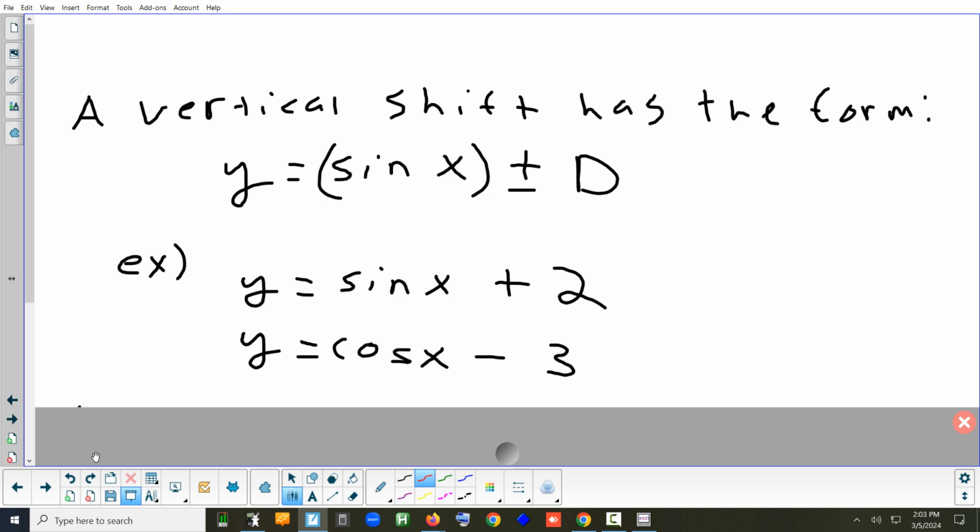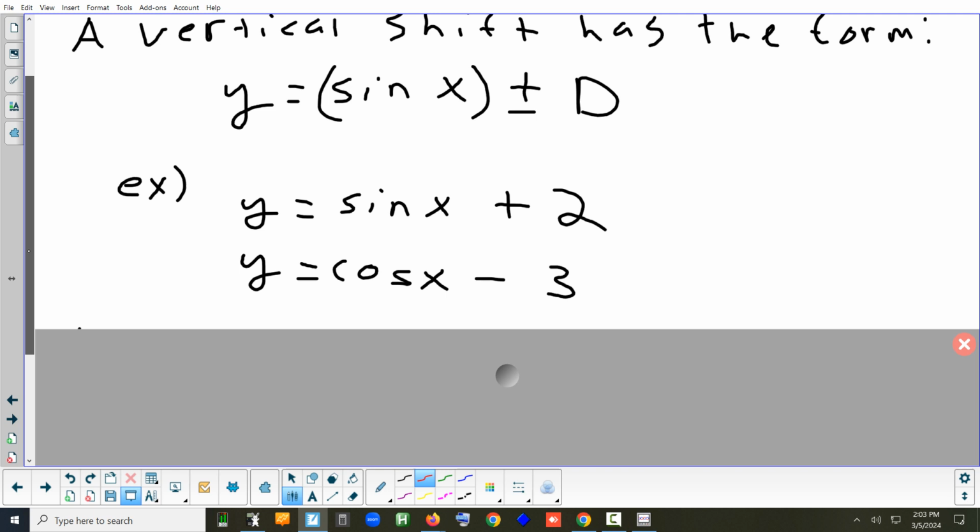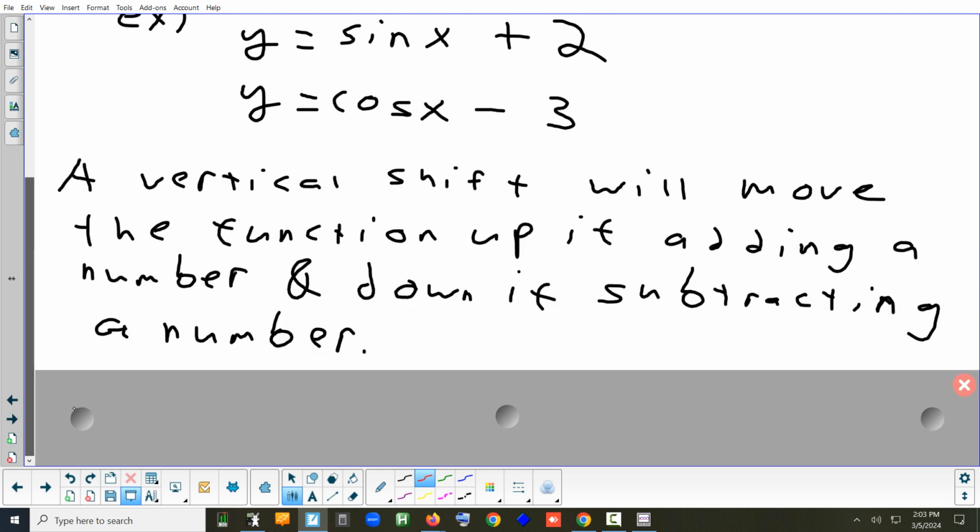I know when we do horizontal, the plus and minus is backwards from what you would think. But with vertical, it never is. Positive is up, negative is down. So vertical shift will move the function up if you add, down if you subtract.